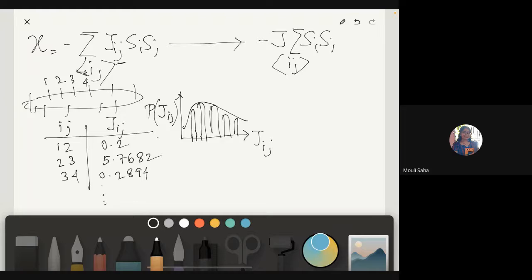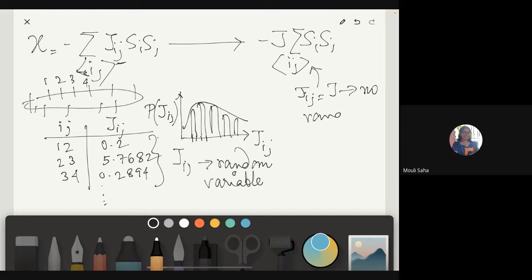So you see that this J_ij, in this case, is a random variable. Why is it a random variable? Because it's different for different lattice sites. While here, obviously J_ij is equal to J, and therefore there is no randomness. So this is the delta function case. If somebody asks me, what's the probability distribution of J_ij, I would say, oh, this is just a Dirac delta function.